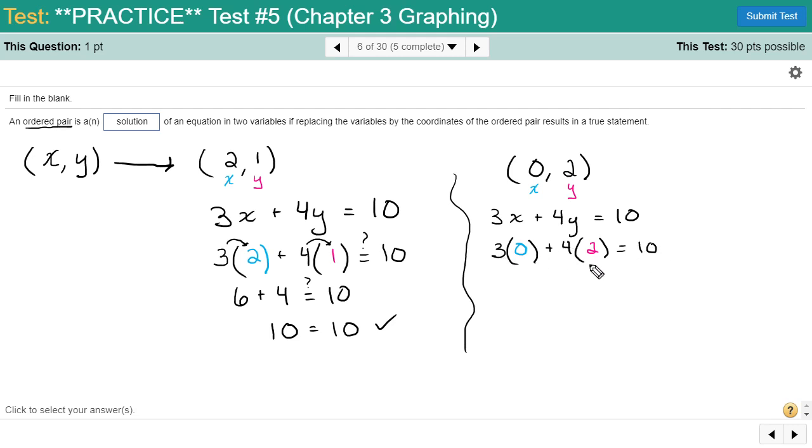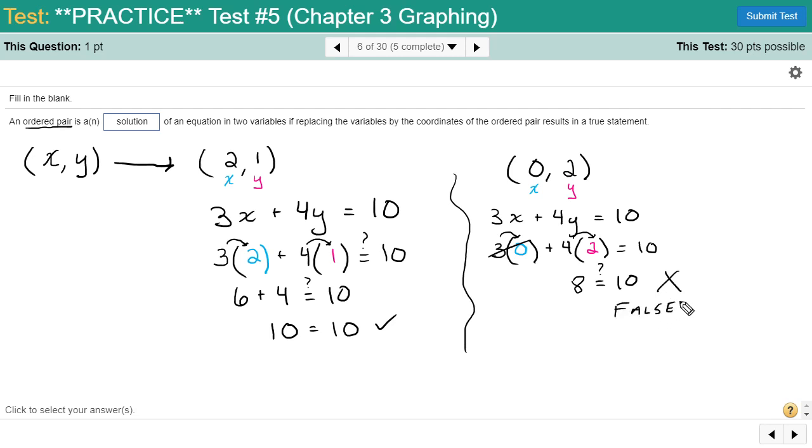Cleaning this up, we know 3 times 0 goes away, because anything times 0 is 0. Here we can distribute 4 times 2 gives us 8, and so we end up with 8 equals 10. Is that true? Does the number 8 equal the number 10? No, it does not. That is a false statement.